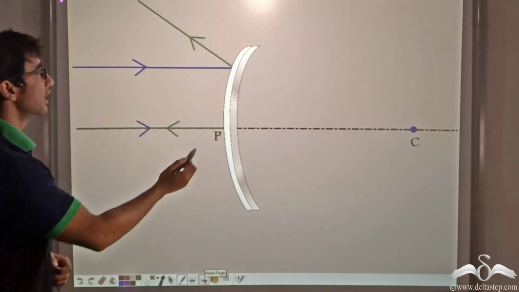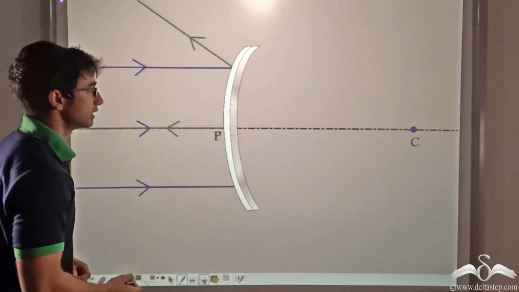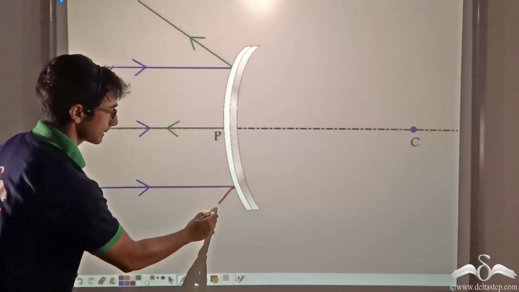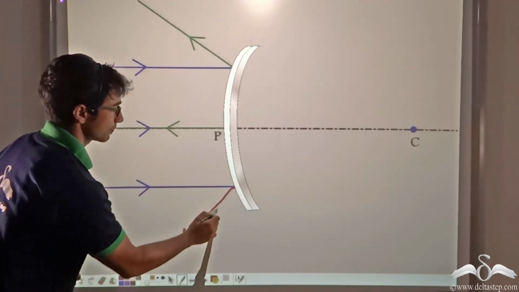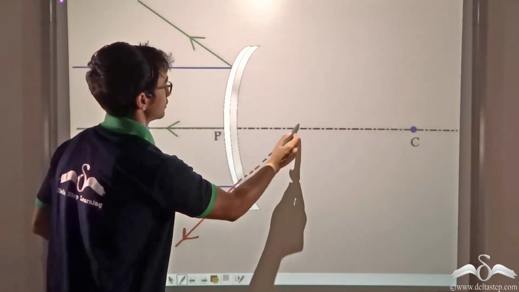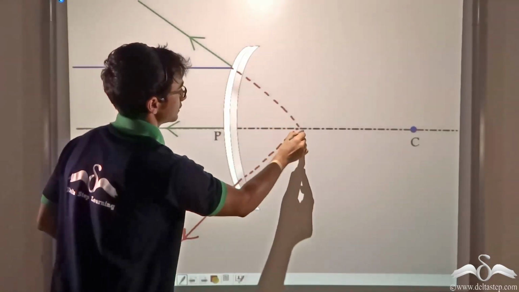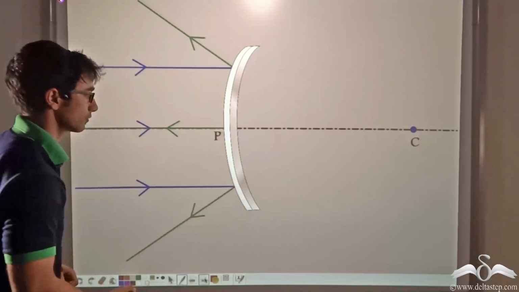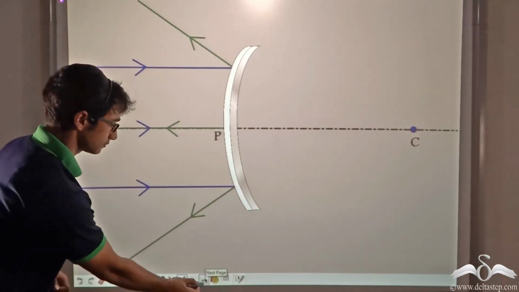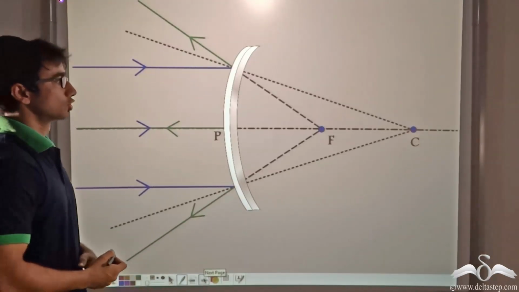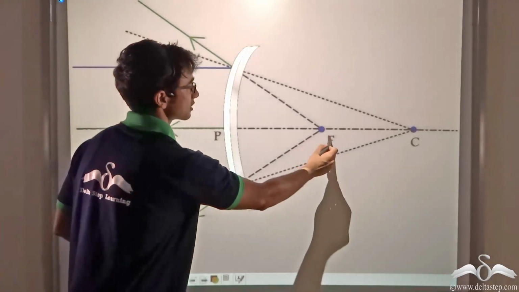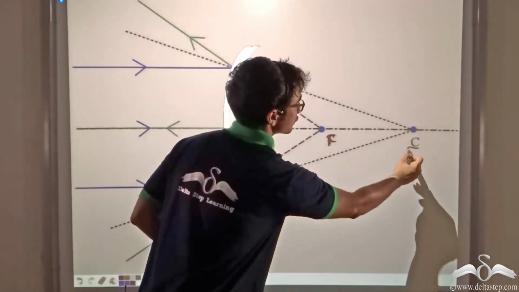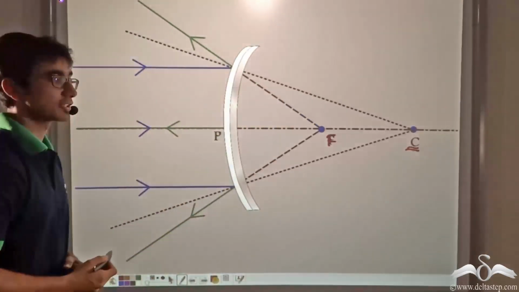So after reflection, it seems to come from a point that lies behind the mirror. So this is the focus of the convex mirror, and C is the center of curvature for the convex mirror.